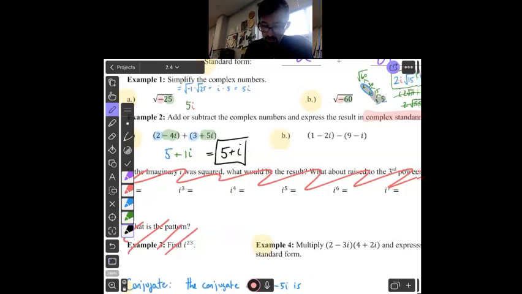Subtraction, of course, is the same thing. Generally people tend to make a few more mistakes with subtraction. So a lot of times it's easier if we rewrite the problem after doing a little bit of distribution. So we have 1 minus 2i minus 9 plus i, distributing that negative through, and then doing your like terms.